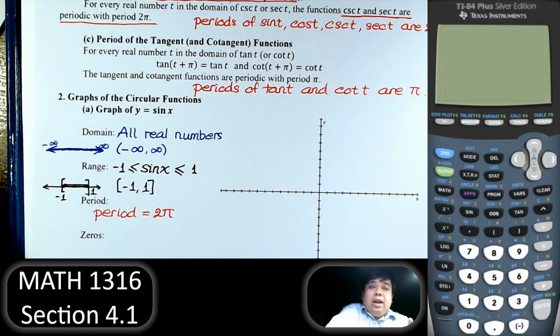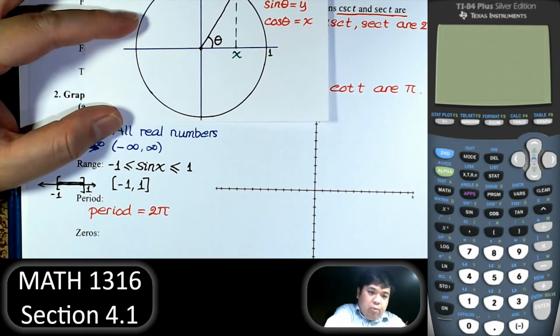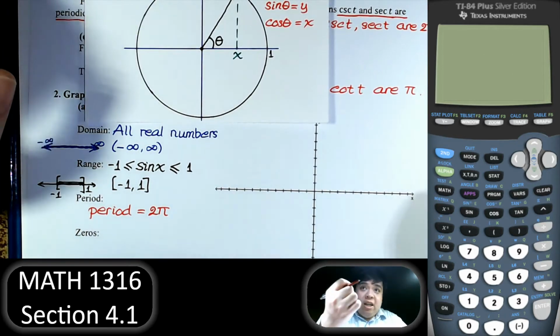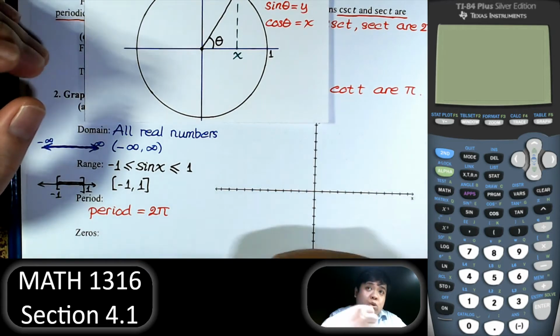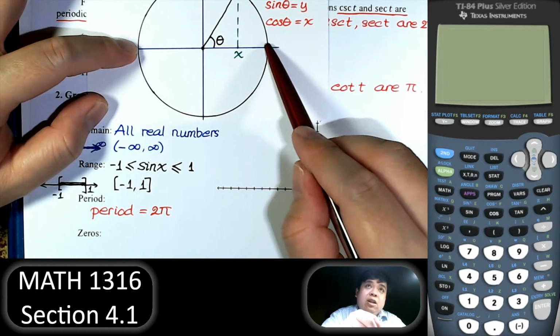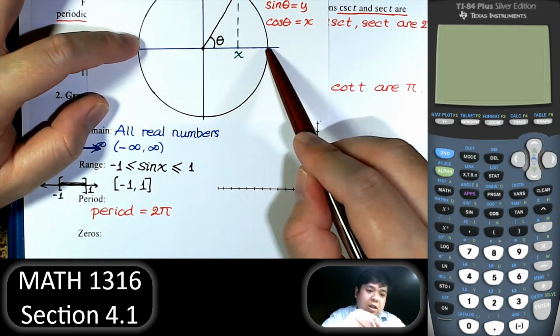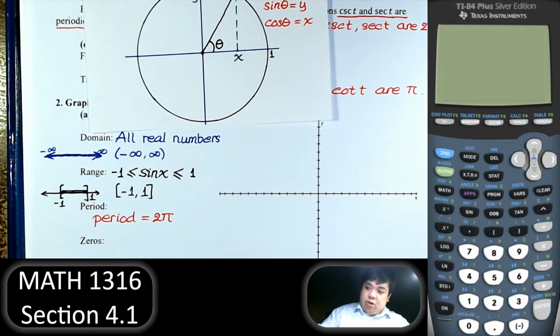Where the function equal to 0. Now look at the unit circle. Sine, once again, is the y values. Where on the unit circle the y values equal to 0? Well, it's going to be here and here, right? I'm going to draw the unit circle here.